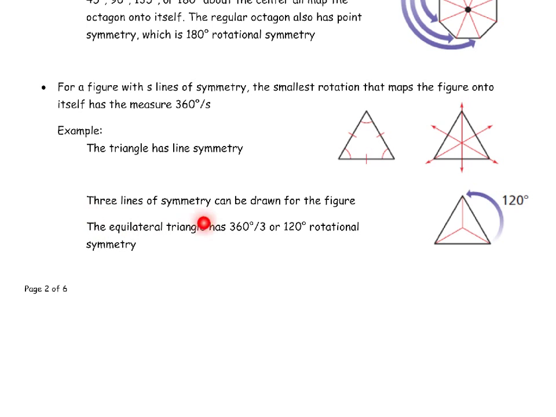It has 3 lines of symmetry that can be drawn for the figure. So the equilateral triangle has 360 degrees divided by 3, or 120 degree rotational symmetry. So that's basically how we can solve for rotational symmetry whenever a figure has lines of symmetry that we can identify.